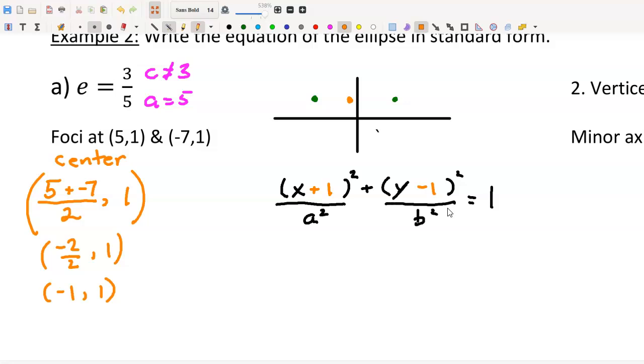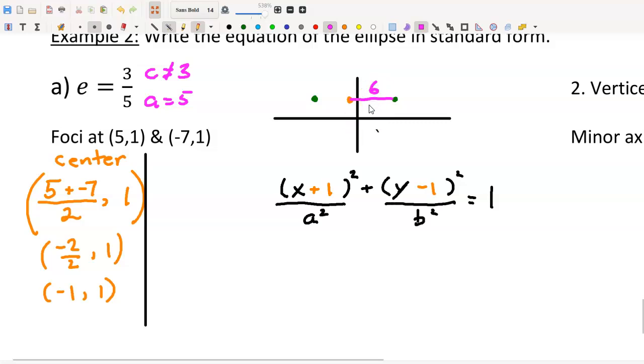Now, they don't give us information about anything else really except this value of the eccentricity. So that's where we're going to start using that. How can we use that? Well, we do know the distance from here to here is how much? 6.